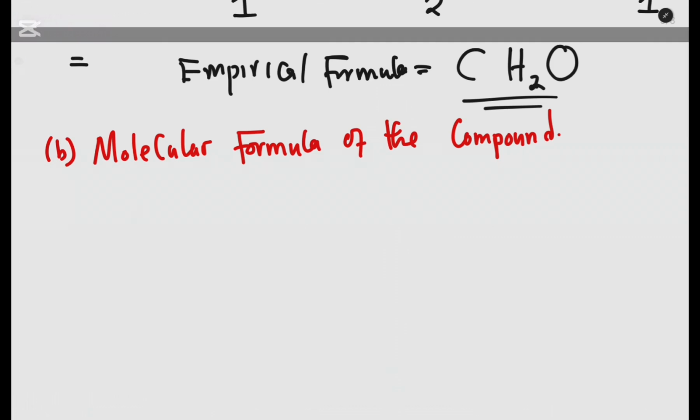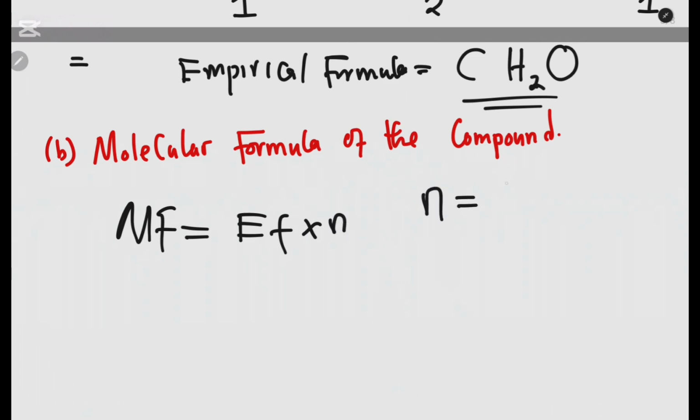We said molecular formula is equal to the empirical formula multiplied by n, where n is equal to the molar mass of the compound divided by the empirical formula mass.